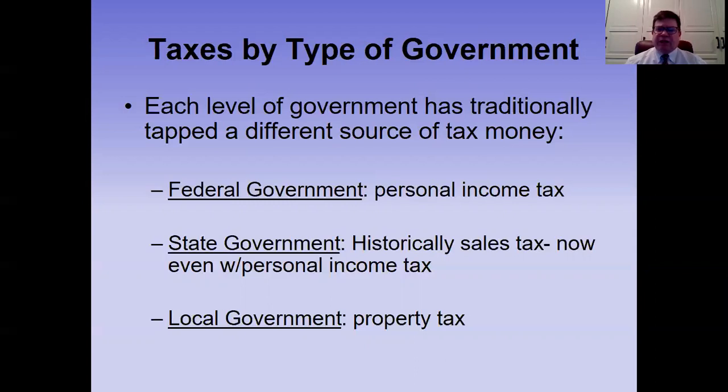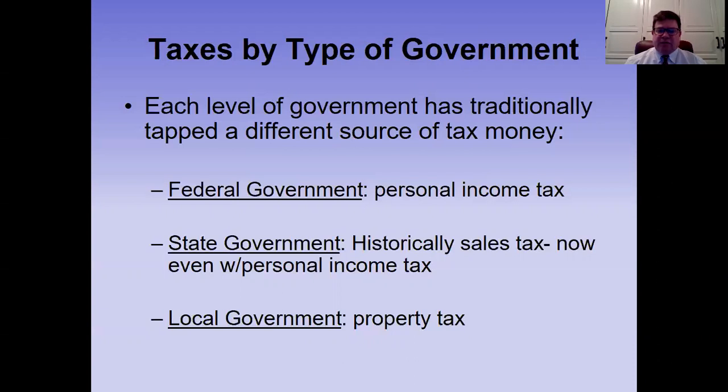However, we can differentiate a bit between school districts, which are a big source of expenditures at local levels, which rely almost entirely on the property tax, versus your local municipalities, who rely on the property tax as well, but also have, in many cases, earned income taxes as well.